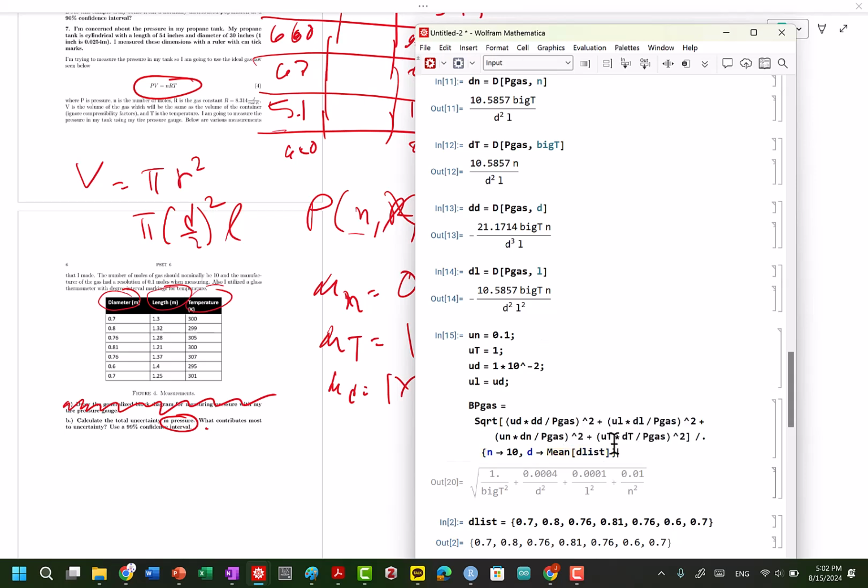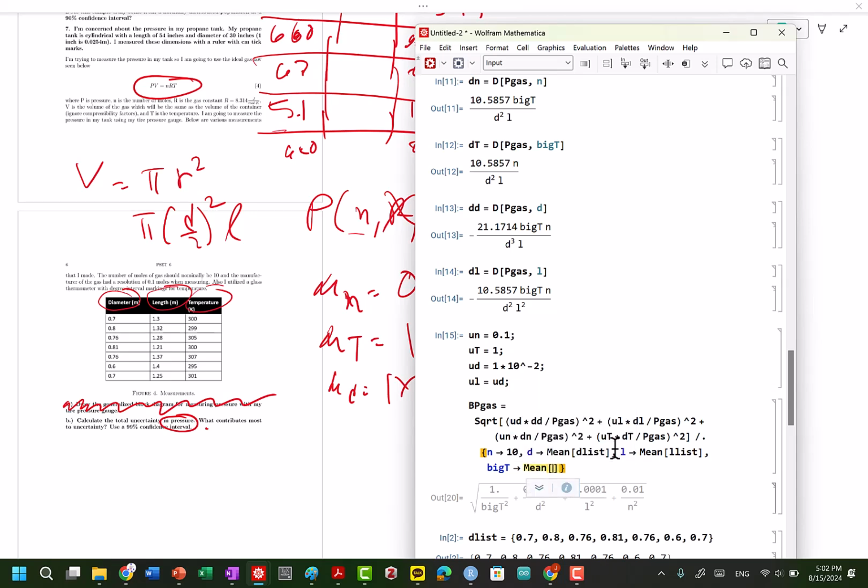L goes to the mean of L list. And then finally, big T goes to the mean of T list.